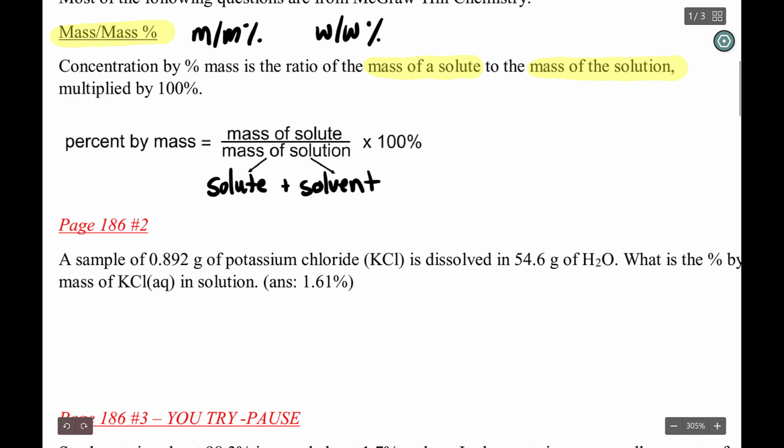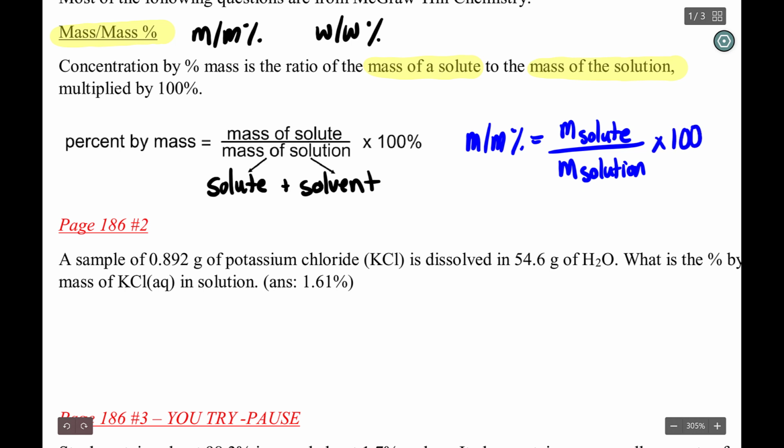Now the shorter version of this equation would be mass percent is equal to the mass of the solute all over mass of the solution times 100%. Now the key here is the masses on top and bottom have to be the same unit.